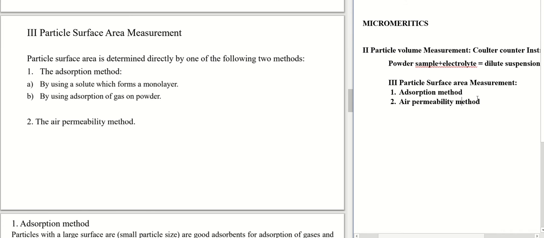Now let's look into the adsorption method. In this adsorption method, we will be making use of two working principles.